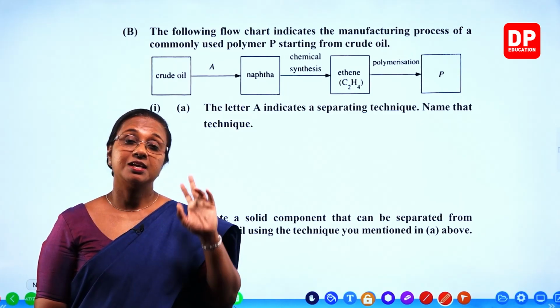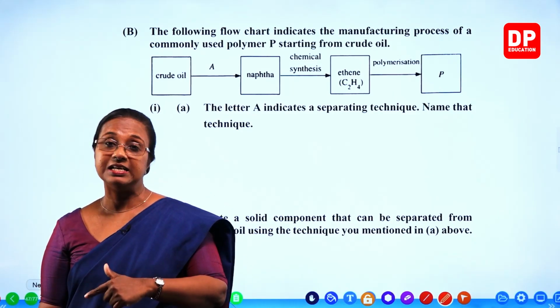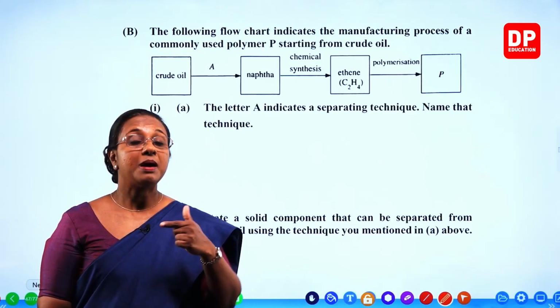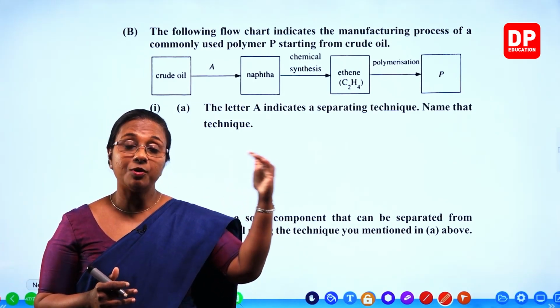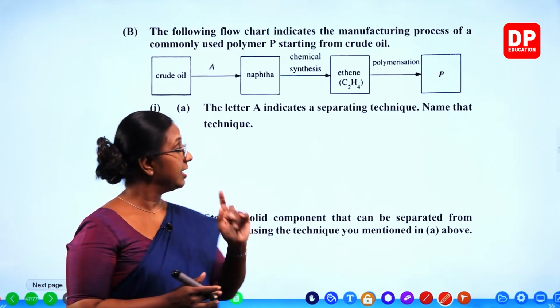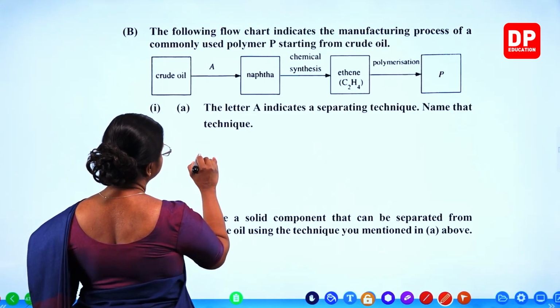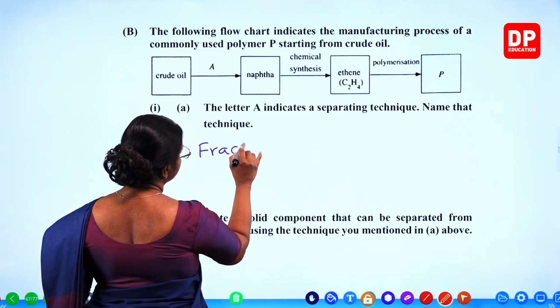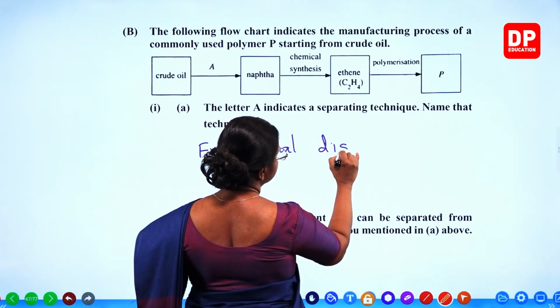But one thing, it has to be converted to vapor and then condensed. That is distillation. But here we take different fractions out at different boiling point values. That is why it is known as fractional distillation. It is a separation technique. So that is what you need to write here. Fractional distillation.